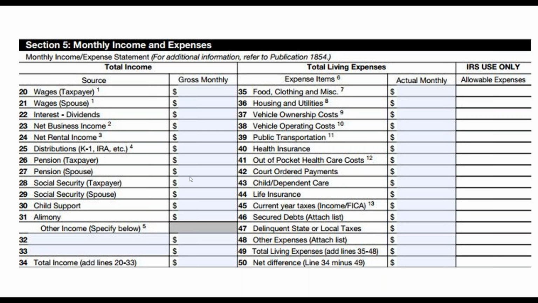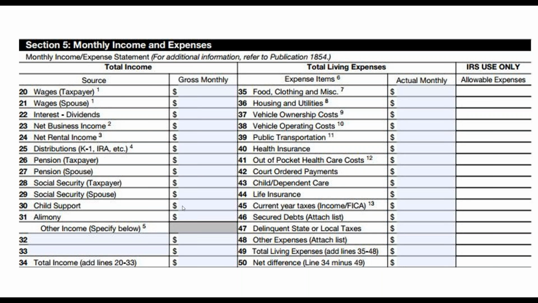Now, when you're looking at this, you have to take your tax preparer hat off. Okay? You have to take your tax preparer hat off, because this is an actual cash basis personal budget. It's a cash flow statement, okay? Income statement.